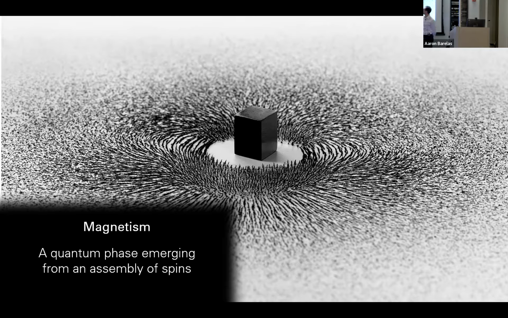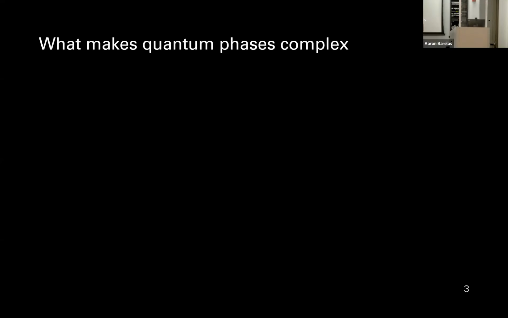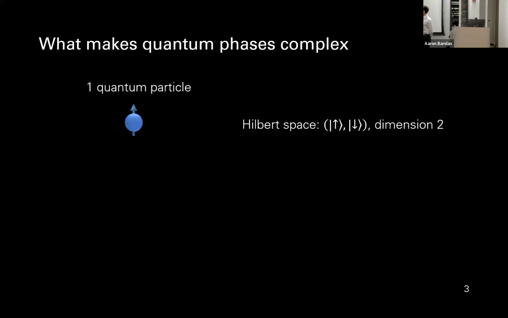Well, the thing is, although single quantum particles are relatively well understood, say if I take an electron which can have two spin states up and down, its state is going to be described by a Hilbert space of dimension 2, which is pretty easy to describe theoretically and to analyze.